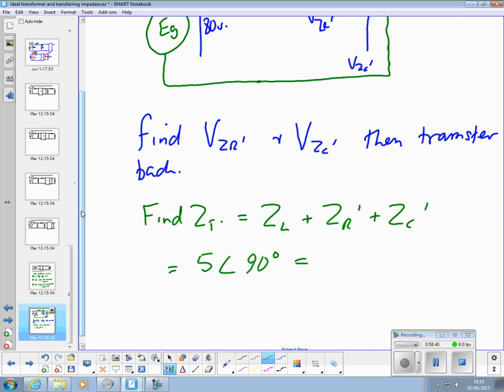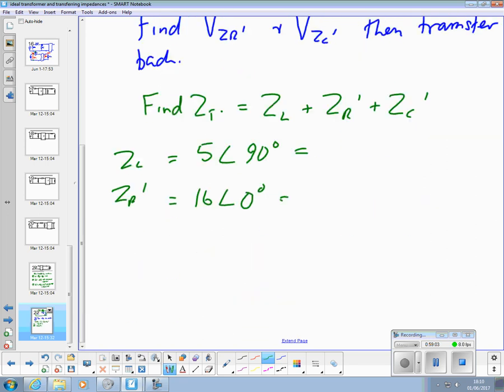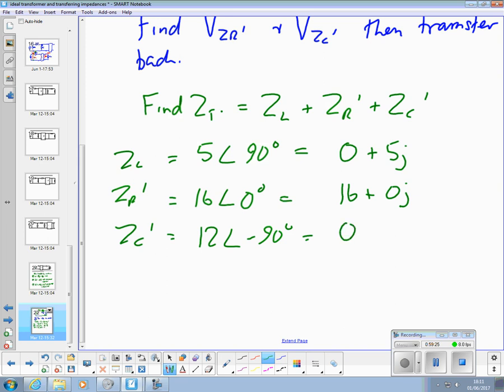We get 0 plus 5j, 16 plus 0j, 0 minus 12j.